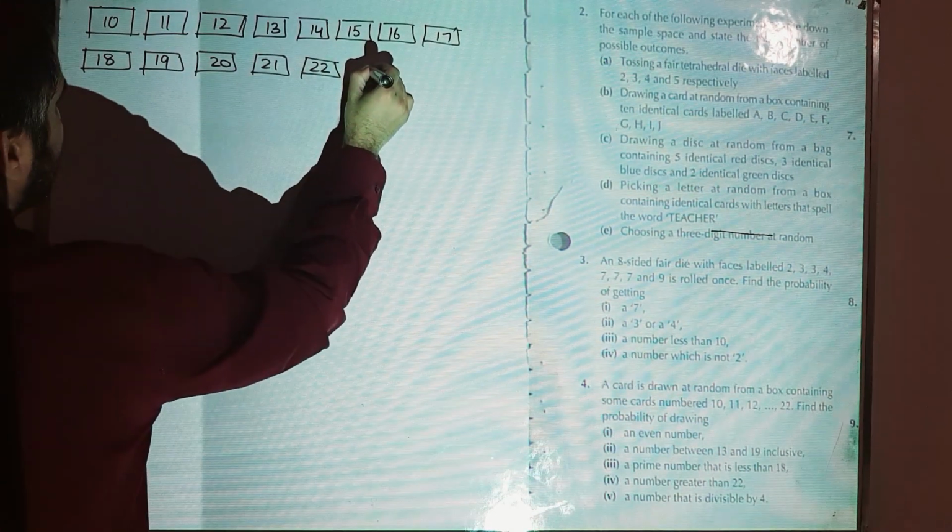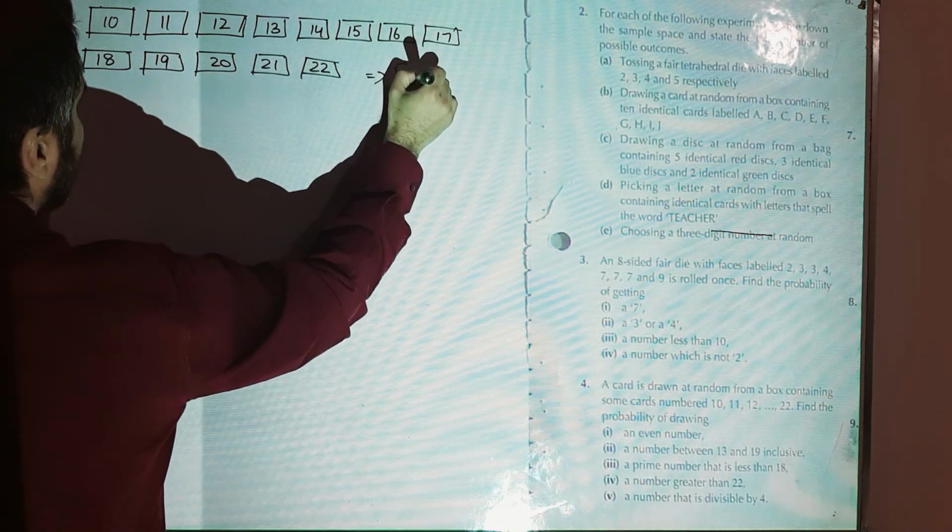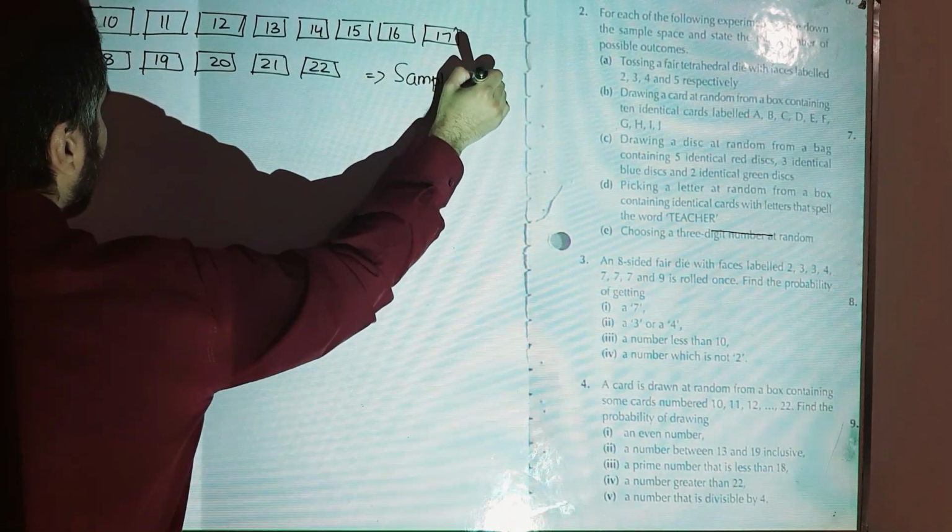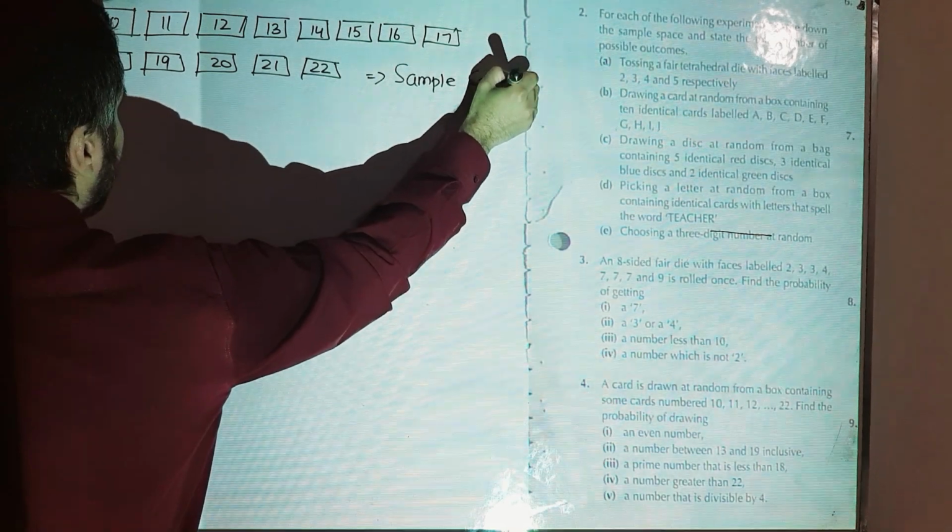Now this is the collection of my outcomes and this is basically the sample space. I name it sample space. Okay, collection of all the outcomes in a probability experiment.